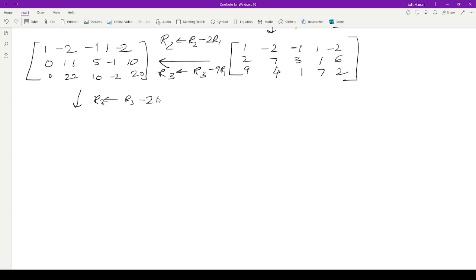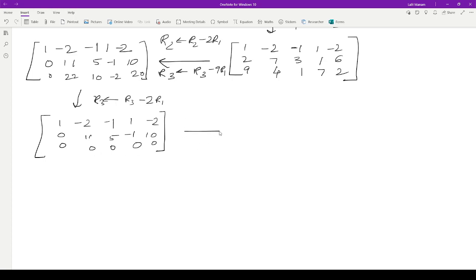Take the third row and subtract 2 times the second row, which gives us the first and second row the same, and we see that there are all zeros in the third row.